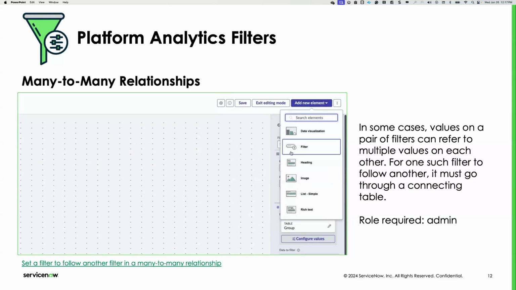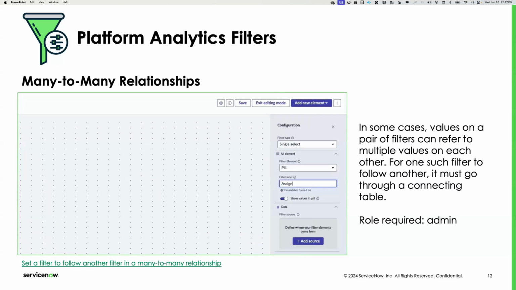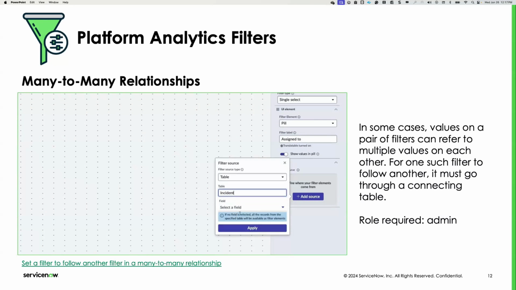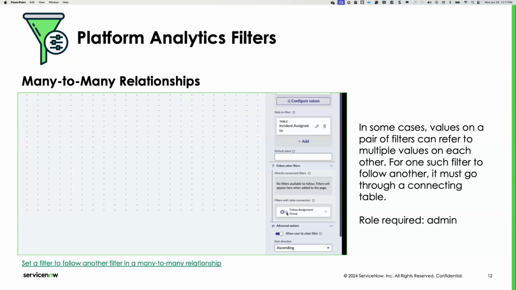Then we're going to add another filter, and this is going to be assigned to. Again, we'll go to the incident table and select the assigned to. Then you'll notice we tell it to follow the assignment group.